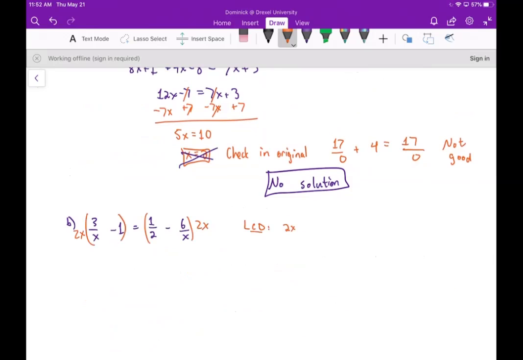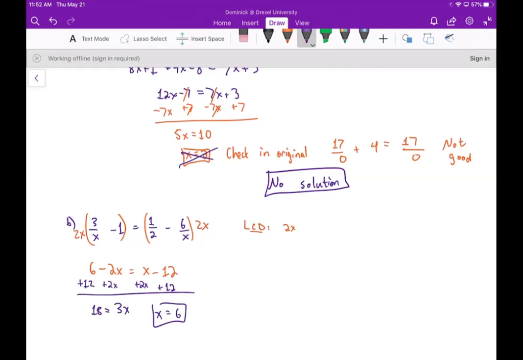So when I multiply both sides by 2x, I'm going to be left with 6 minus 2x is equal to x minus 12. So when we solve, I'll bring my 2x over here, and my 12 over here, and I'll get 18 is equal to 3x, so x is equal to 6.